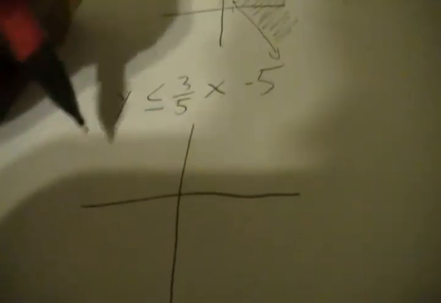Alright, let's try another one. Let's try y is less than or equal to 3/5 x minus 5. If we draw the graph, we have minus 5 for the intercept. So it's 1, 2, 3, 4, 5 right here.